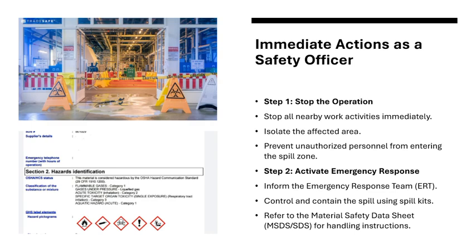The second step is to activate the emergency response. Inform the emergency response team, the ERT team members, and control and contain the spill using a spill kit, and refer to the material safety data sheet, MSDS or SDS, for handling instructions.